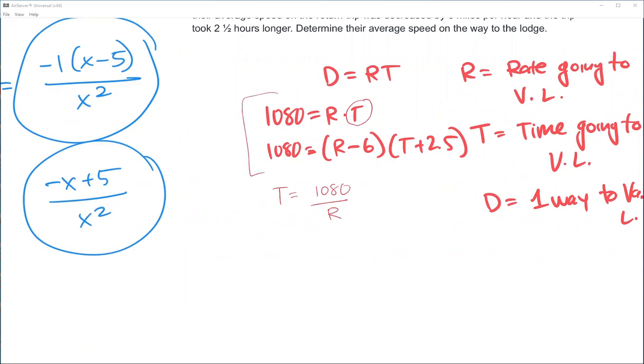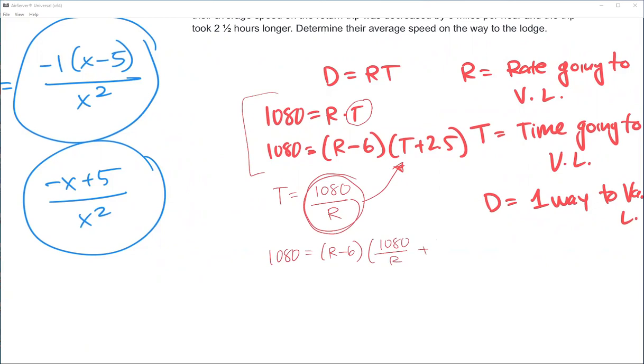Remember that from Algebra 1, the elimination method, the substitution method, two lines on one graph. It's kind of the same thing here. I'm going to replace T with this. So it's 1080 equals R minus 6 times 1080 over R plus 2.5.